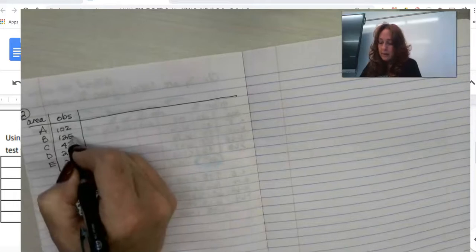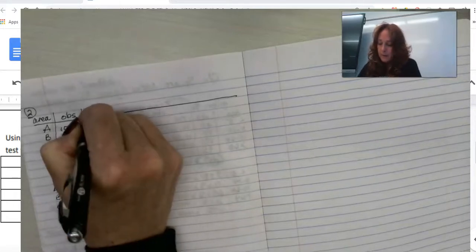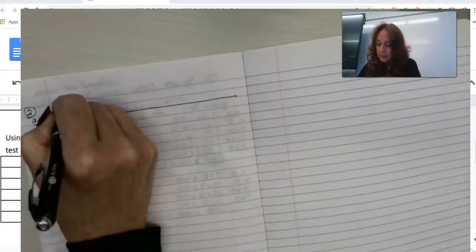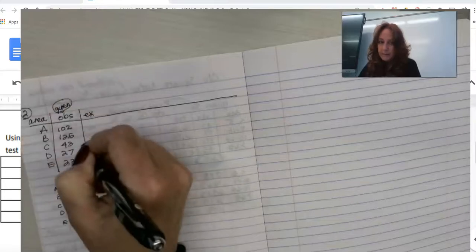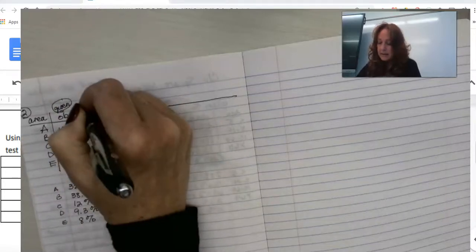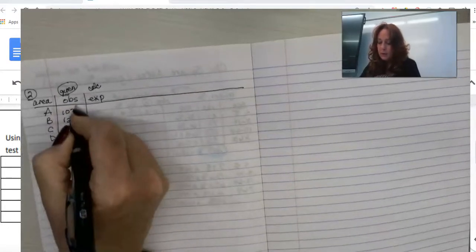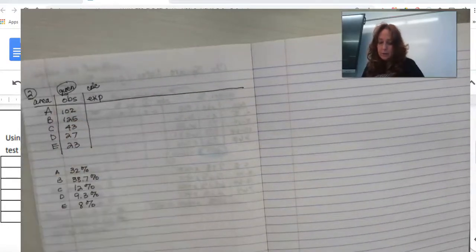And I'll show you what I've got. So I wrote down the data for the observed. So this is given to me. This is given. The expected, I have to calculate. So the first thing I'm going to do is I'm going to get my total of my observed. So I've got 102, 125, 43, 27, 23.